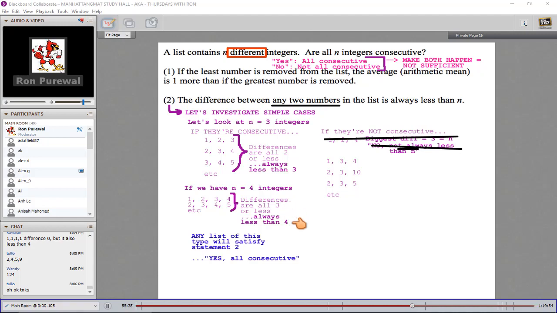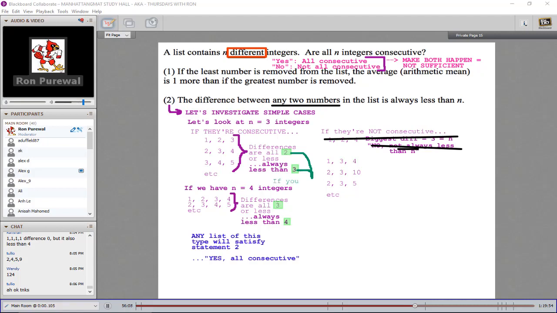You don't really have any room to spare here. Look at these relationships. If you've got your eyes open and you're paying attention, you're going to realize that you're not going to be able to do this with any integers that are not consecutive. You have no room to move here. If you spread those integers any farther apart, then you're going to have a difference that equals n.